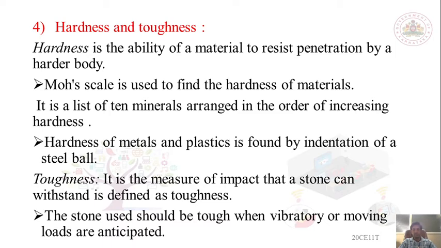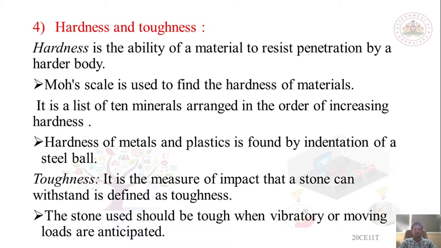The stones used should be tough when vibratory or moving loads are anticipated. When there is vibration nearby, as in industrial shed construction, you need a very tough stone, because there is a chance of vibrations being generated at the factory.